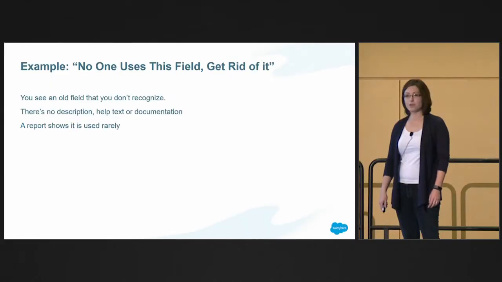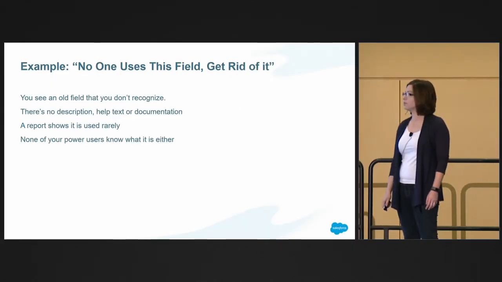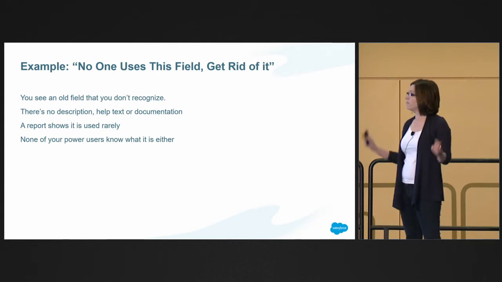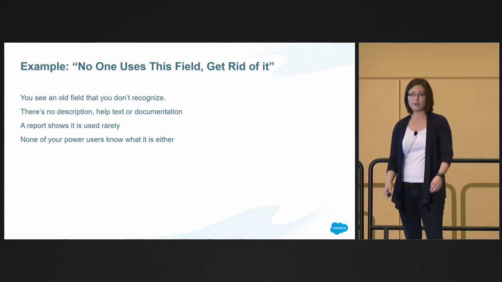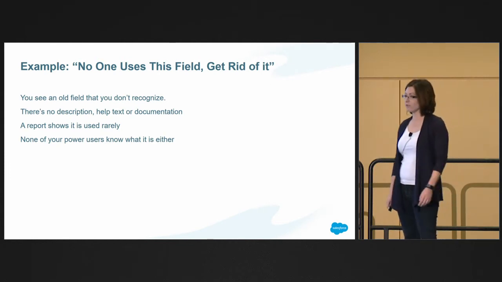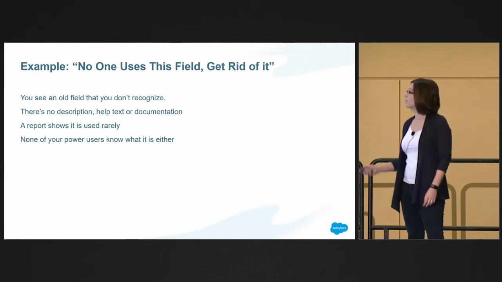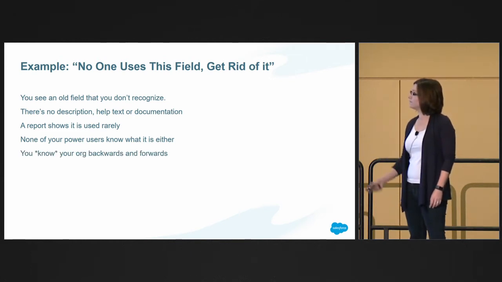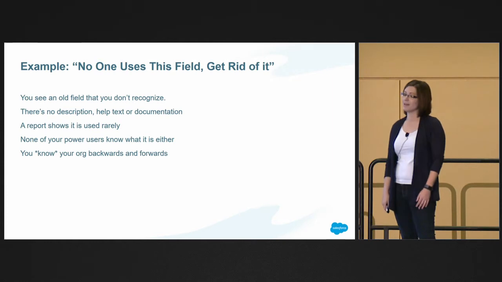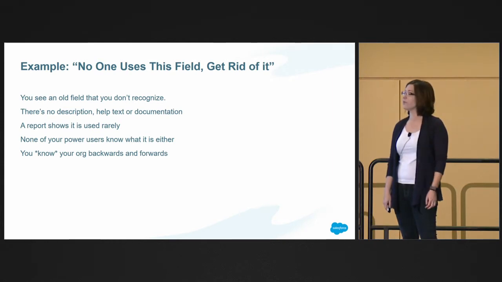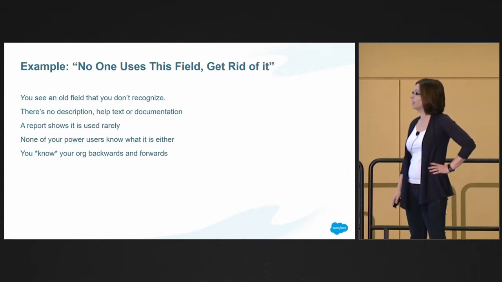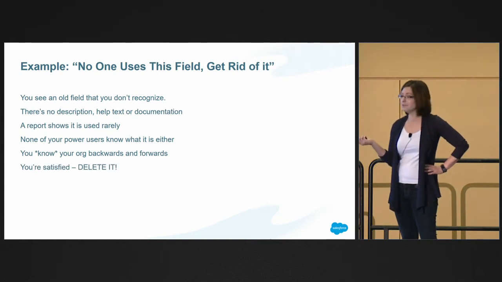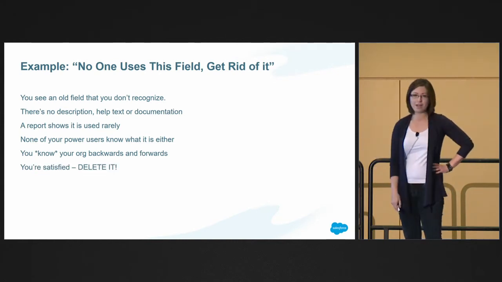A report shows it's rarely used. OK, that's reasonable. None of my power users know what it is either. And they've been using Salesforce for at least 2 weeks. So. And like I said, I know my org, so it can't possibly be something that I've forgotten. OK, let's delete it.